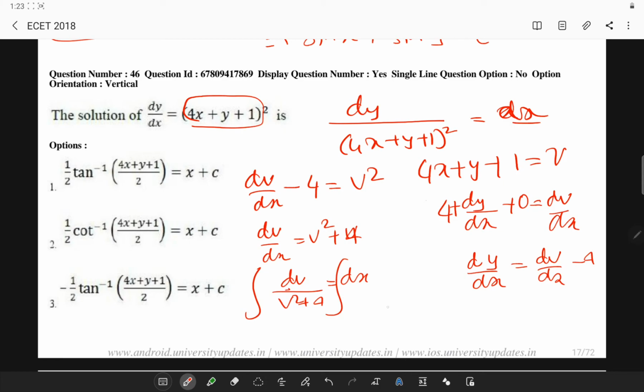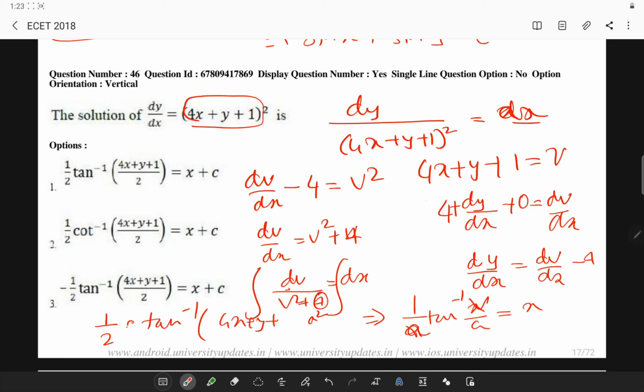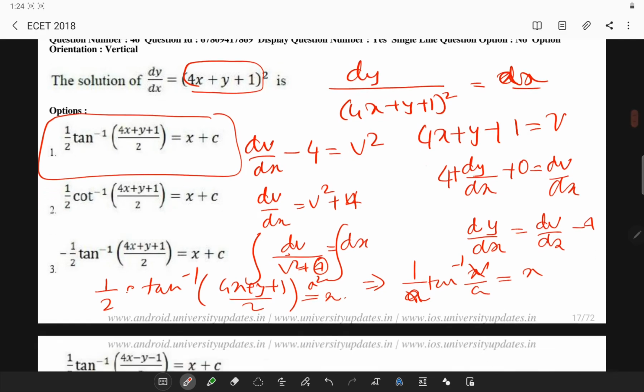After integration on both sides, I will be left with (1/a) tan⁻¹(v/a) = x. Here a² = 4, so a is 2: (1/2) tan⁻¹((4x + y + 1)/2) = x. So the answer here is (1/2) tan⁻¹, option A.